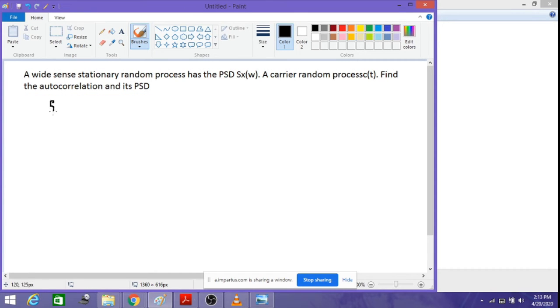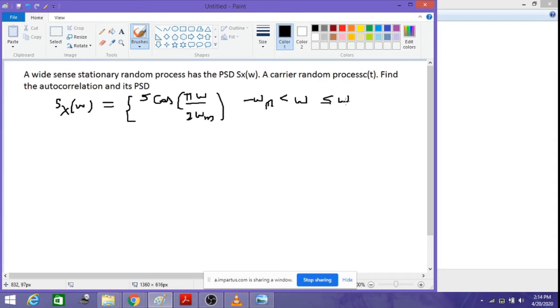So S_X of omega is given as 5 times cos of pi omega by 2 omega m for the range of minus omega m to plus omega m, meaning the value of omega ranges from minus omega m to plus omega m, and 0 otherwise.